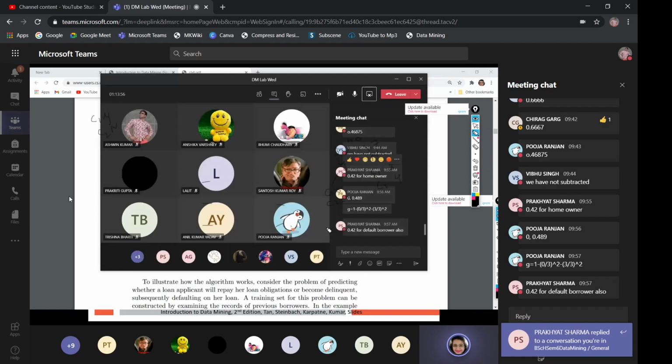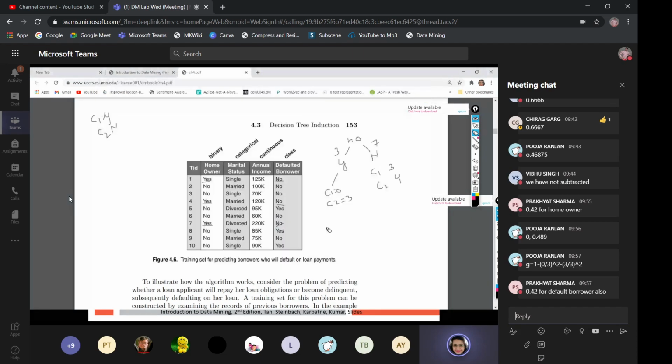Okay, Pooja has written 1 minus (0/3) square minus (3/3) square. That is for the yes class, but I want you to compute for the entire homeowner.